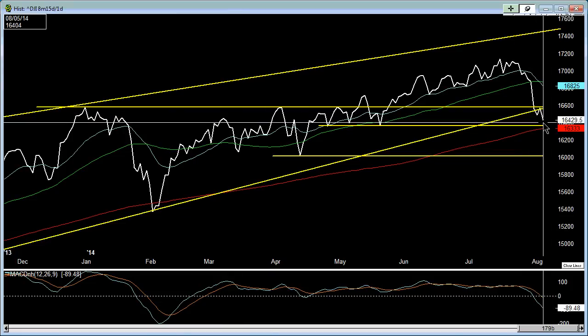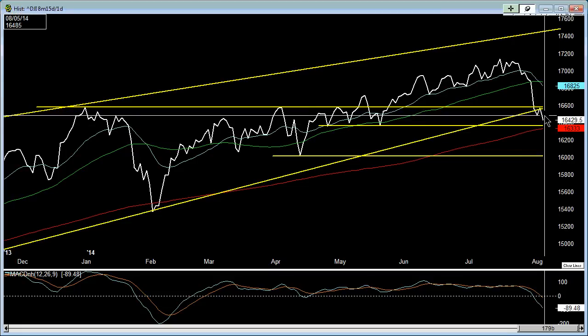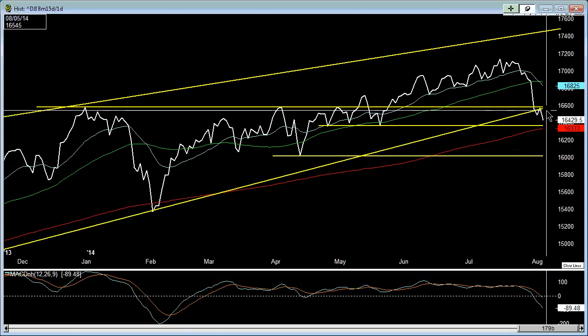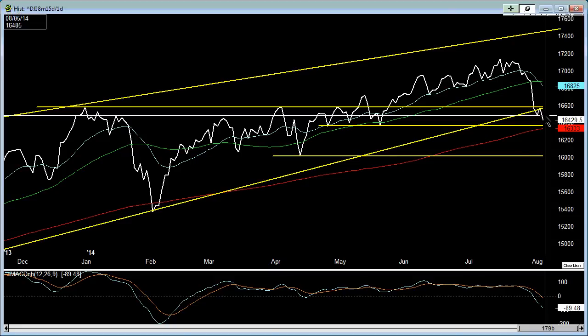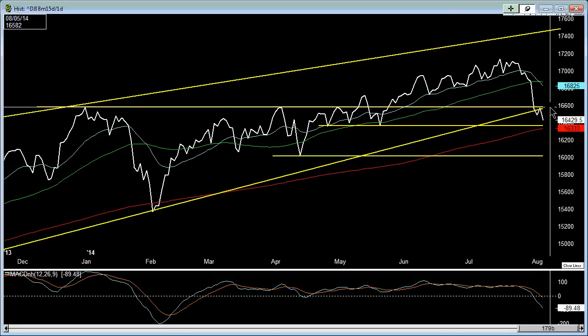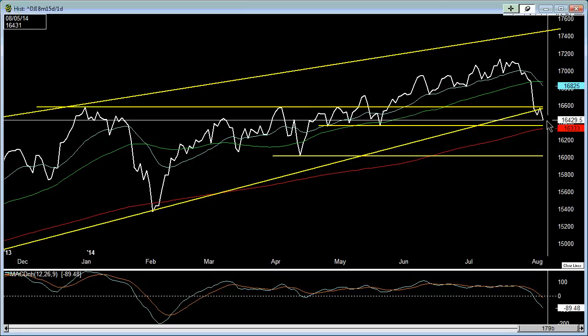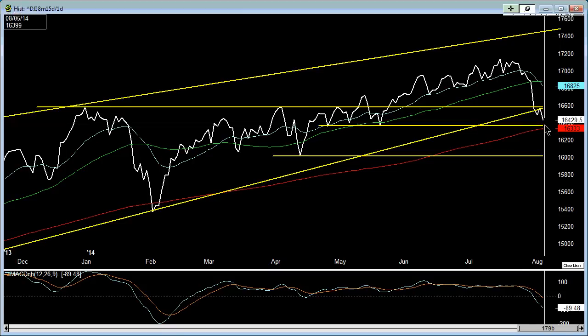So that's what we're going to monitor, somewhere around here, the 16,370 area for tomorrow in the Dow. If it flushes down and we get a bounce, and again, we want to look at the previous resistance, then probably we'll be back up here at the 16,580. Okay, maybe a little bit of resistance here at the 16,485, but most likely it will come back and try to test this 16,580 area. Okay, but again, tomorrow we're basically watching this level here.